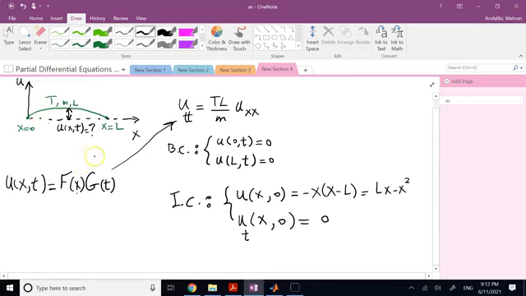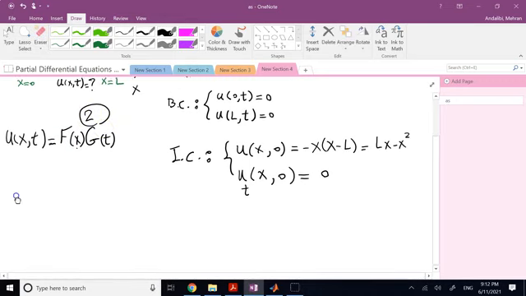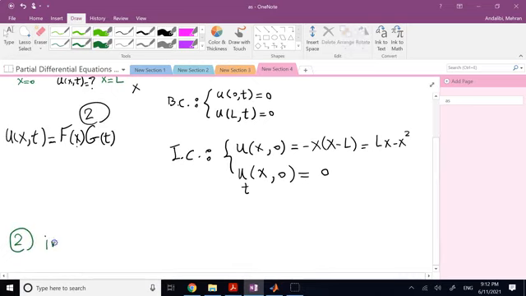So if I call this equation 1 and this equation 2, I'm going to plug 2 into 1, and you will get f times the second derivative of g with respect to time. Here I'm not writing f of x, but you know it's f of x, and this is g of t. By the way, here the partial derivative is converted into a direct single derivative, because g is only a function of time.